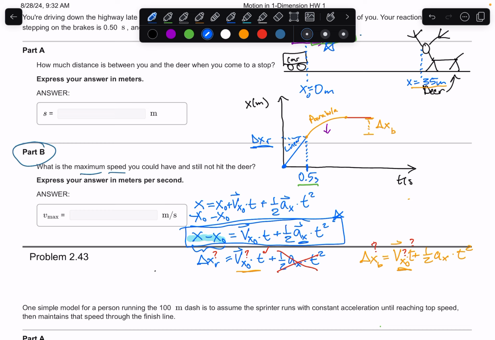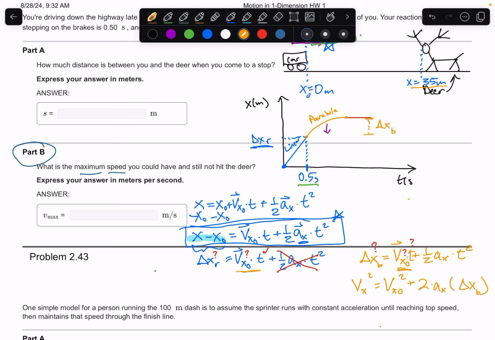We can utilize vx squared, our final velocity squared, is equal to our initial velocity squared plus 2 times our acceleration times delta x.